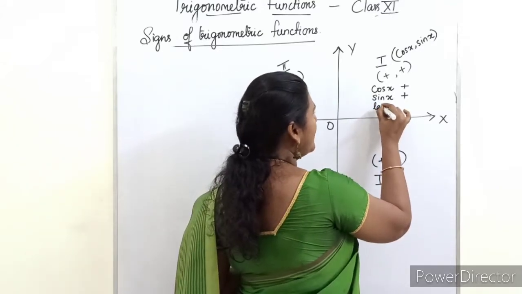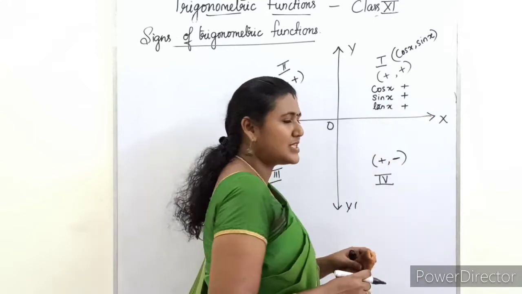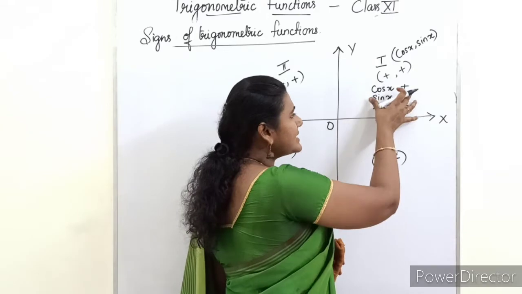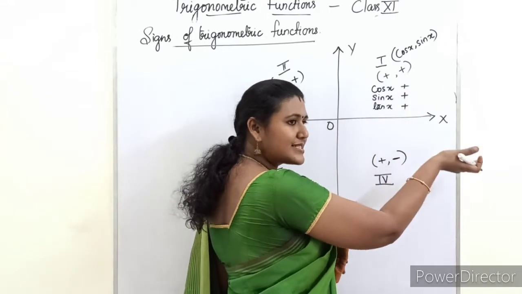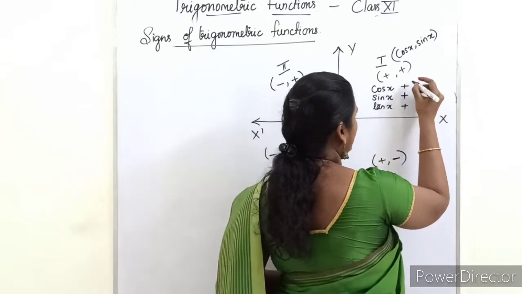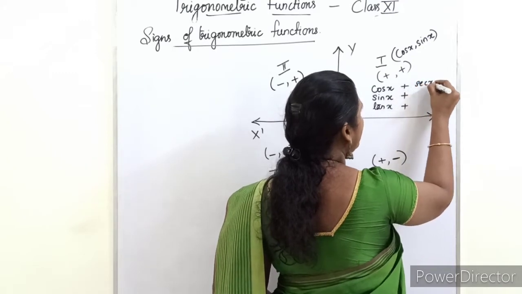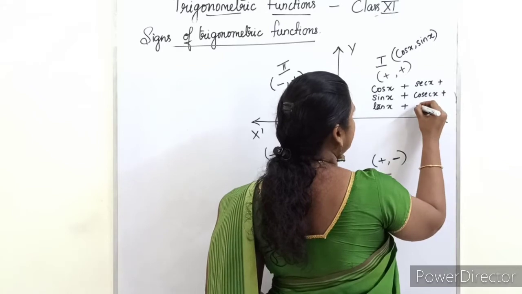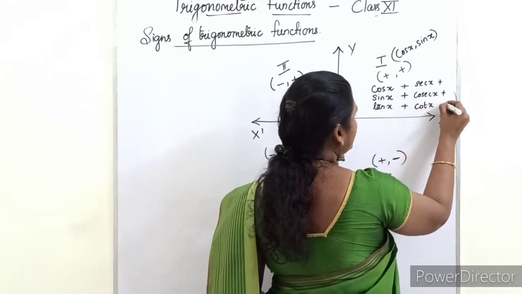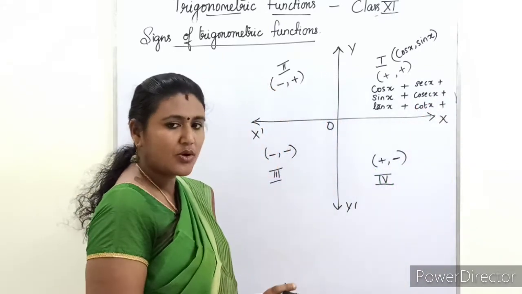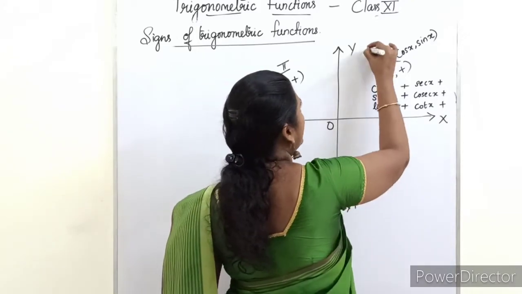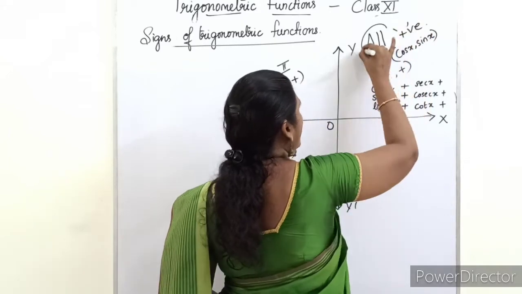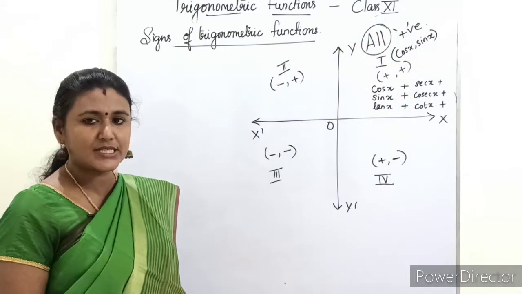Tan x also will be positive, because tan is sin x by cos x. Since these three ratios are positive, their reciprocals are also positive. That is, sec x, cosec x and cot x will be positive. So in the first quadrant all trigonometric functions are positive. It's very important. All positive in the first quadrant.